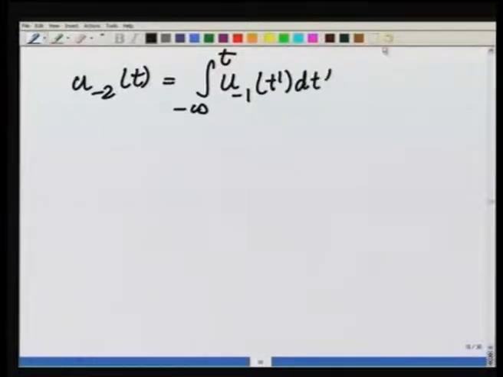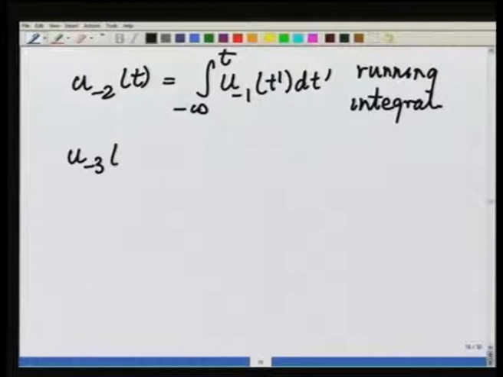This is called a running integral, something that we will use very often. And likewise, u minus 3 of t is the running integral of u minus 2 of t.